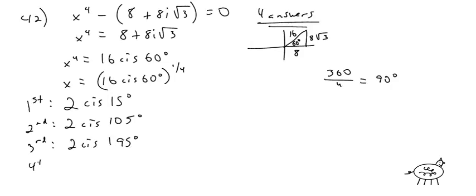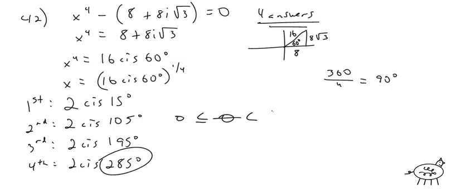And our fourth answer is going to be 2 cis 285. Okay, so remember, if any one of these answers was greater than 360, you just do coterminal and bring it back to something more normal. But all these answers always have to be, I'm just going to stress it again, between 0 and 360. Including 0, not including 360.